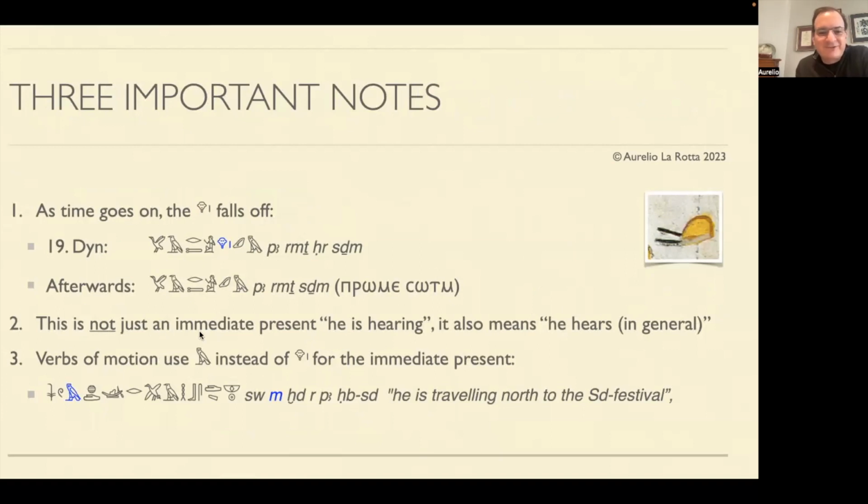In Middle Egyptian, this construction already exists. This is by no means limited to Late Egyptian, but it normally means, or I think it always has, a present continuous implication. He is hearing at this point, at this moment. In Late Egyptian, that is not true anymore. The first present with cher can also mean he hears in general.